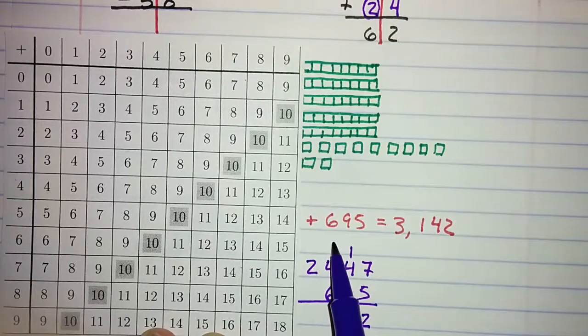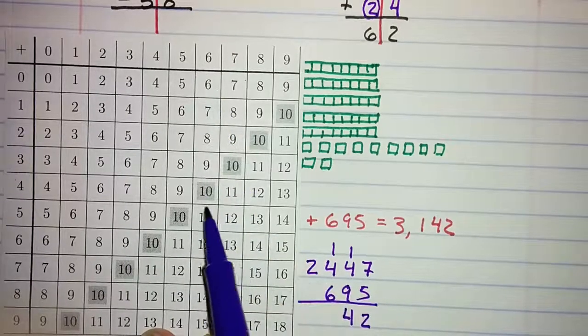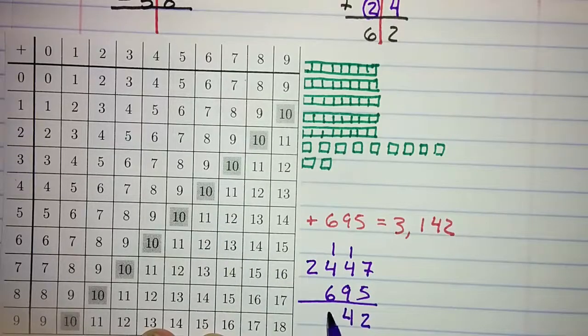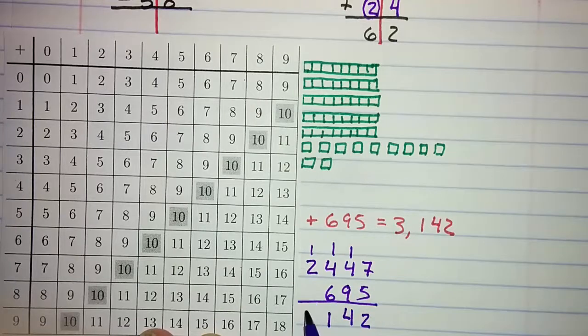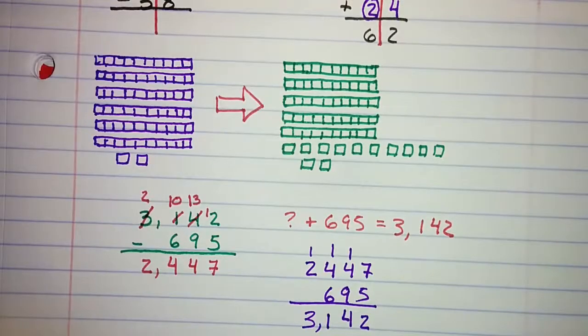Write down the 4, carry the 1. 1 plus 4 is still 5. 5 plus 6 is 11. Write down the 1, carry the 1 in the tens place. 1 plus 2 is 3. We get the 3,142 that we hoped to get. Yes, that really worked. It really did what it said on the box.